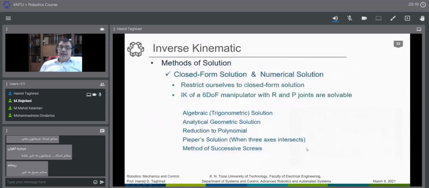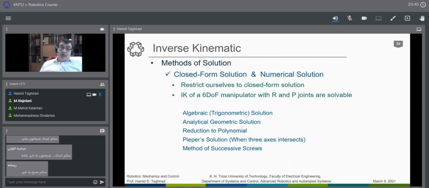We can now think about the many ways that we can find the inverse kinematic solution. And as I mentioned, since this is a very long history with inverse kinematic solution, there are so many people and papers and books written on this topic.